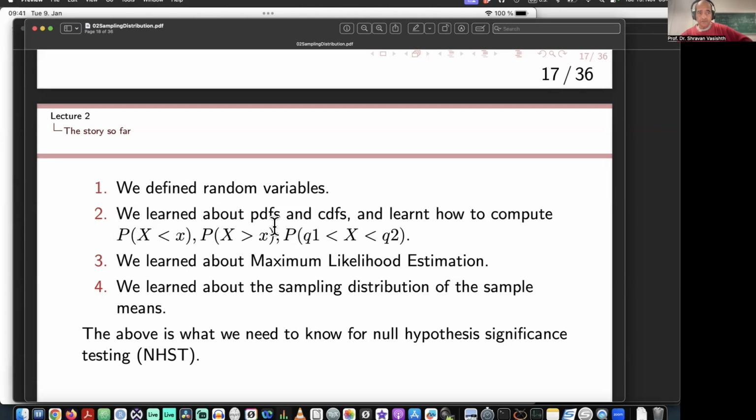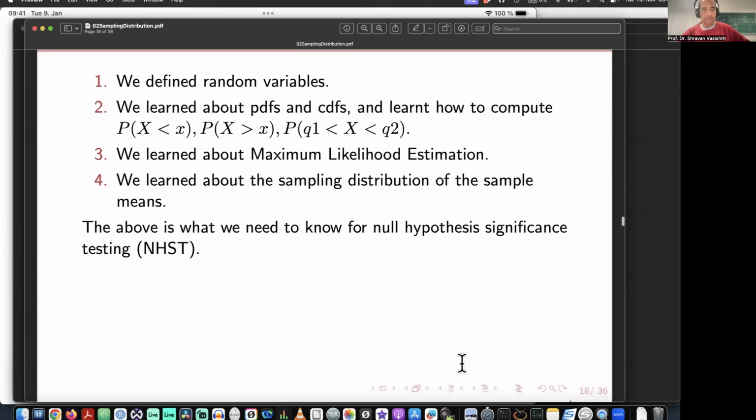All this stuff we have learned how to do with the different functions that I showed you earlier, the DPQR family. We also learned the meaning of the maximum likelihood estimate, the sample mean, and the sample variance. These are maximum likelihood estimates of the true unknown values. And we learned about the sampling distribution of the sample means. That's a very important idea that I'm going to now build on in the next part of this lecture.